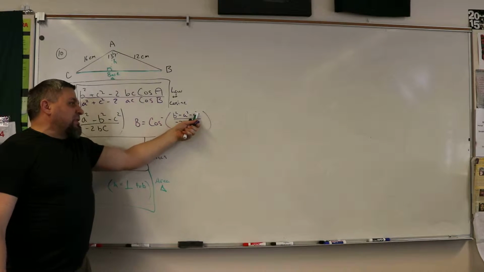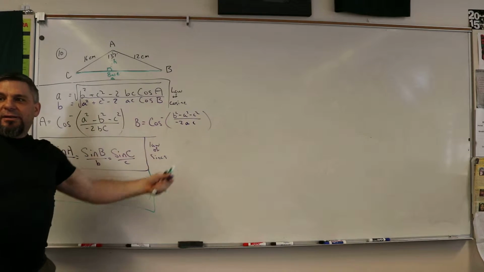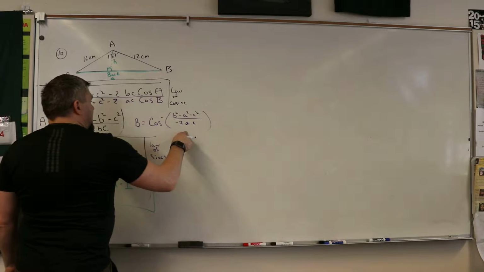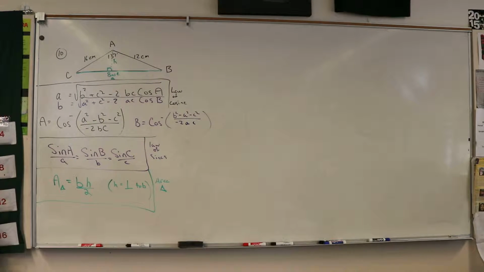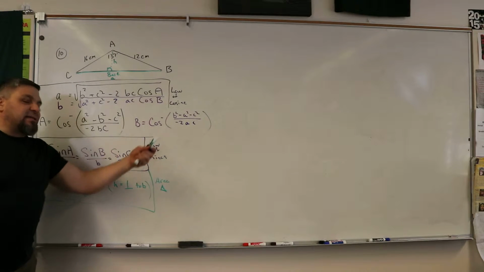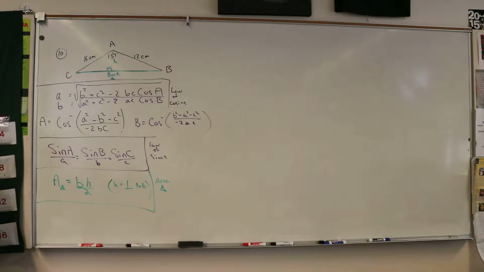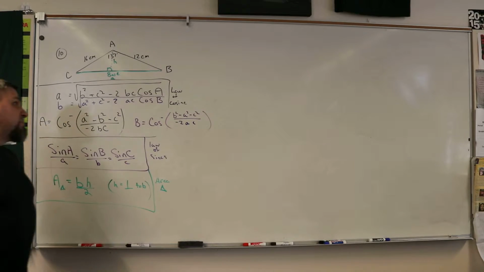Notice how these are always below each other? And that's your formula now. So the angle B is equal to this. So now we can find angle B. Fun stuff. Let's plug it in.